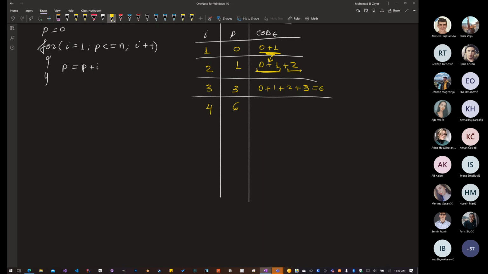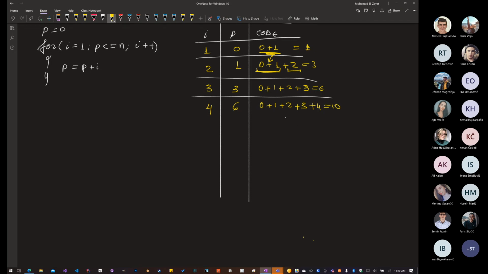So this equals 6, this equals 3, this equals 1. Just to be clear, how much is P? By the end of the day, this is going to be 0 plus 1 plus 2 plus 3 plus 4, which equals 10.